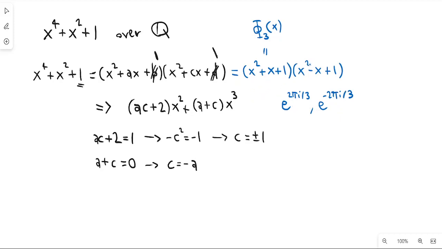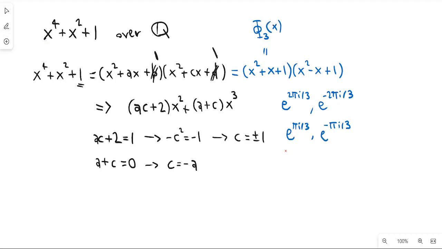And then for this one, I'm going to claim that the roots are 6th roots of unity. So one of them is e to the 2 pi i over 6, which is the same as e to the pi i over 3. And then the other one is the conjugate of that, so e to the negative pi i over 3. And you can check these.